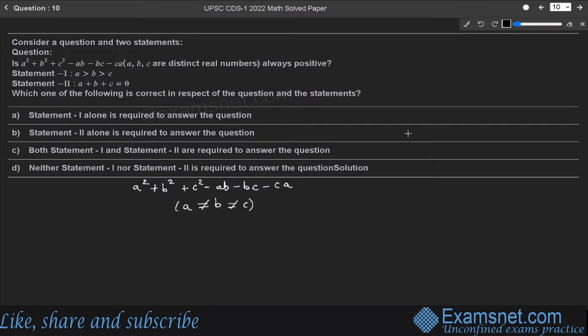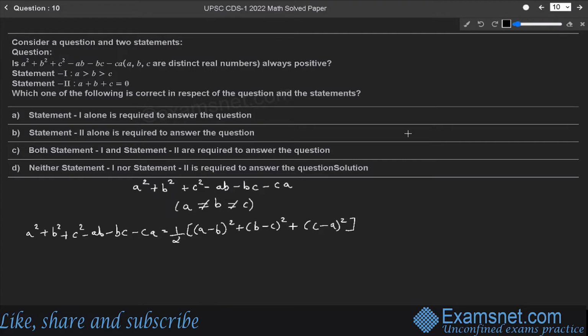There is a formula which we have to use in this question, and the formula is a square plus b square plus c square minus ab minus bc minus ca is equal to half of (a minus b) whole square plus (b minus c) whole square plus (c minus a) whole square.